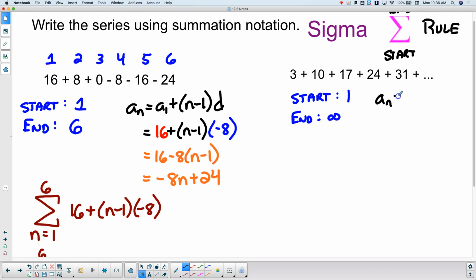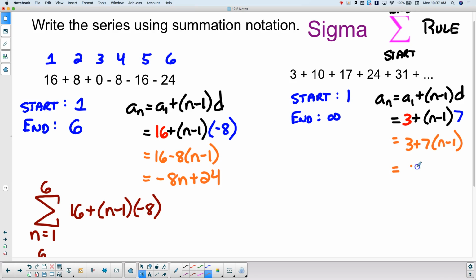My rule is going to be 3 plus n minus 1. And my d is 7. I'm adding 7 to each and every one. So that's my basic one, my standard one, and my advanced one.